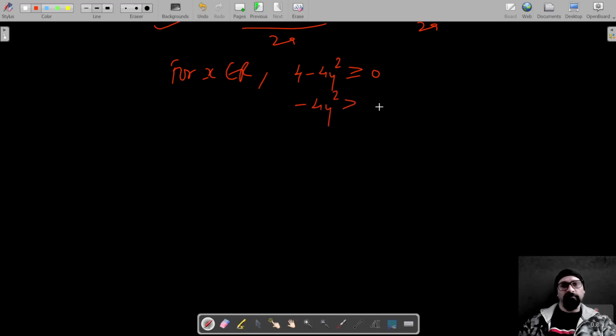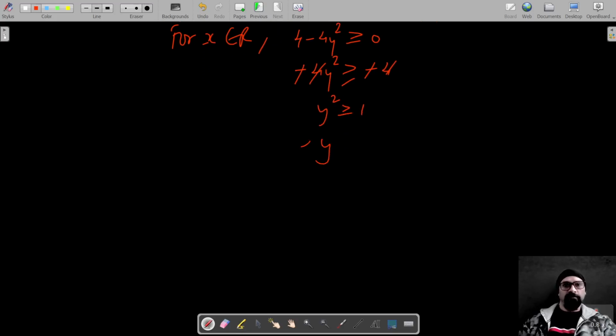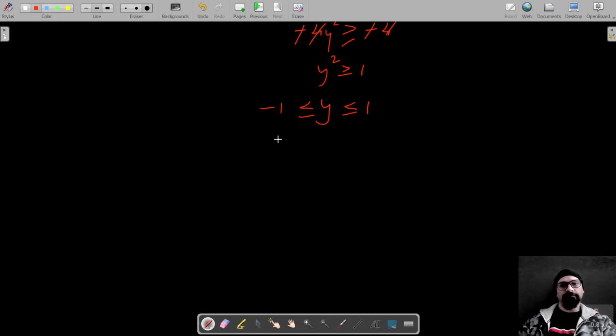So which gives me y square is less than or equal to 1, which gives me y is greater than or equal to negative 1 but less than or equal to 1. So this is our range.